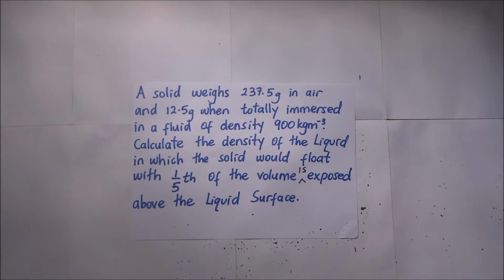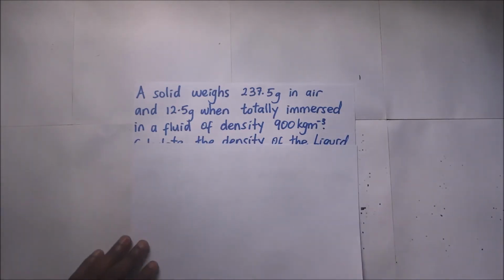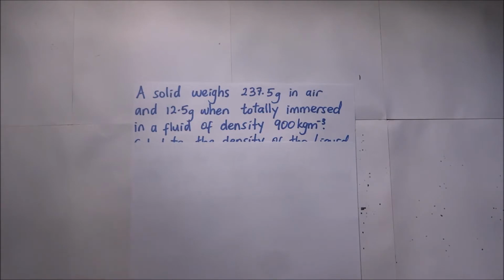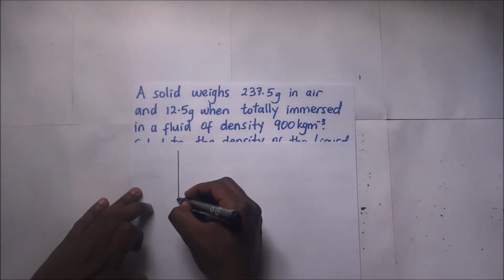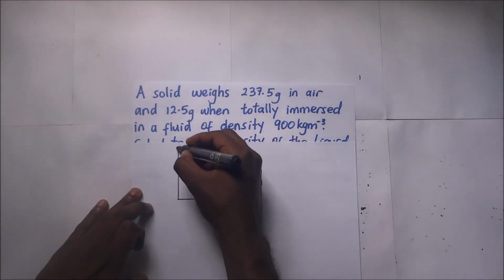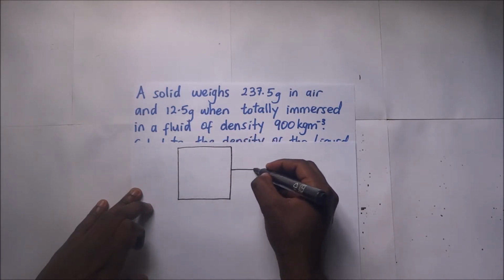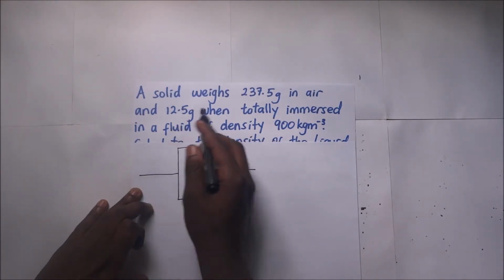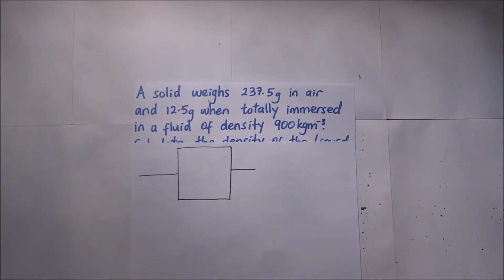If I may summarize this question, we are talking about a solid here. The question gives us some information about its mass. This solid weighs 237.5 grams in air, so this is its mass in air.